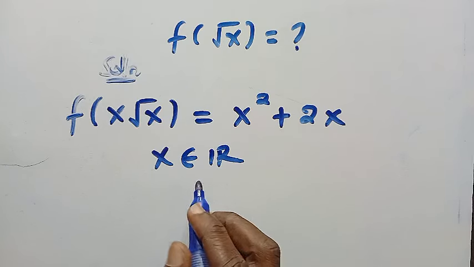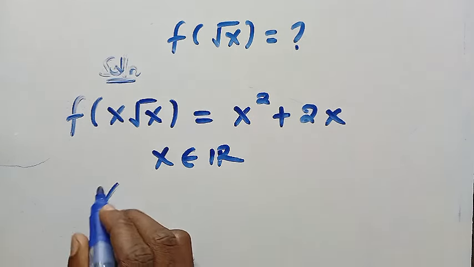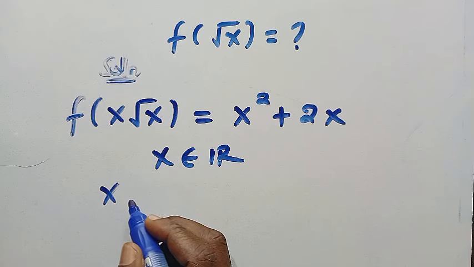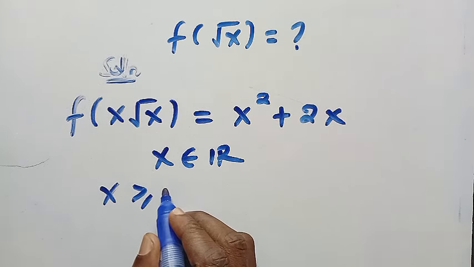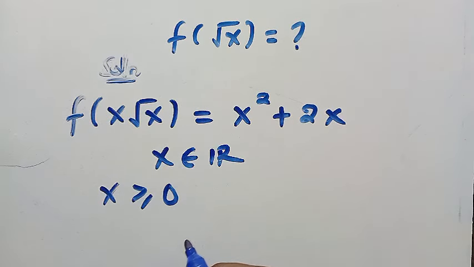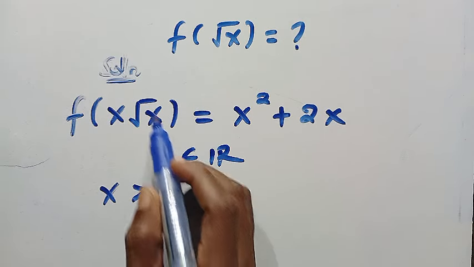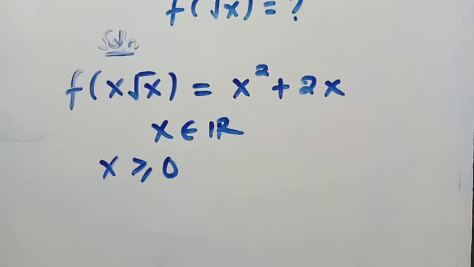Understanding the kind of numbers we are dealing with, every x cannot be negative. That is, all values of x are greater than or equal to 0. We can get 0 here, but we cannot get anything negative because of this root, as we defined x based on the real numbers.